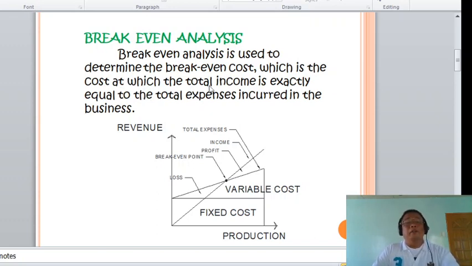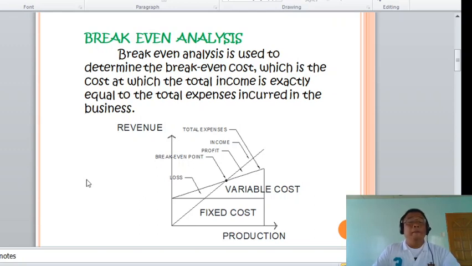Let us now consider the diagram here. The line perpendicular to the horizontal line is called the revenue, and the horizontal line, or the abscissa, is called the production.